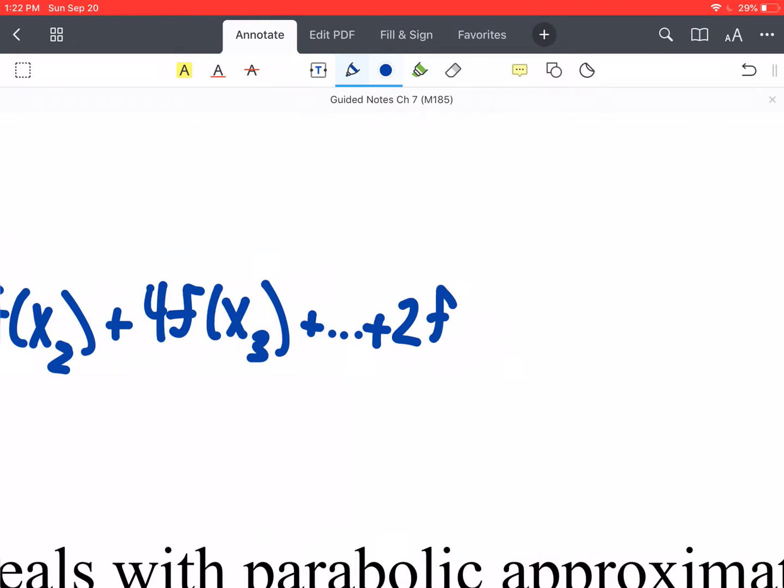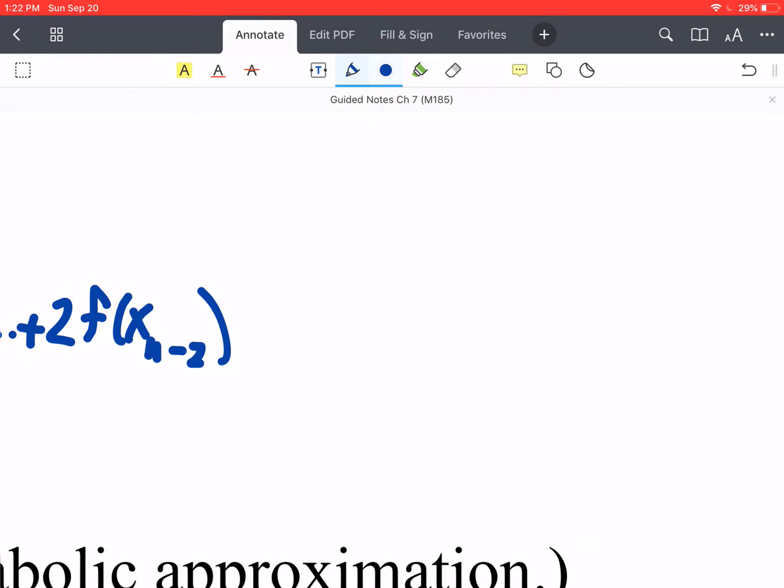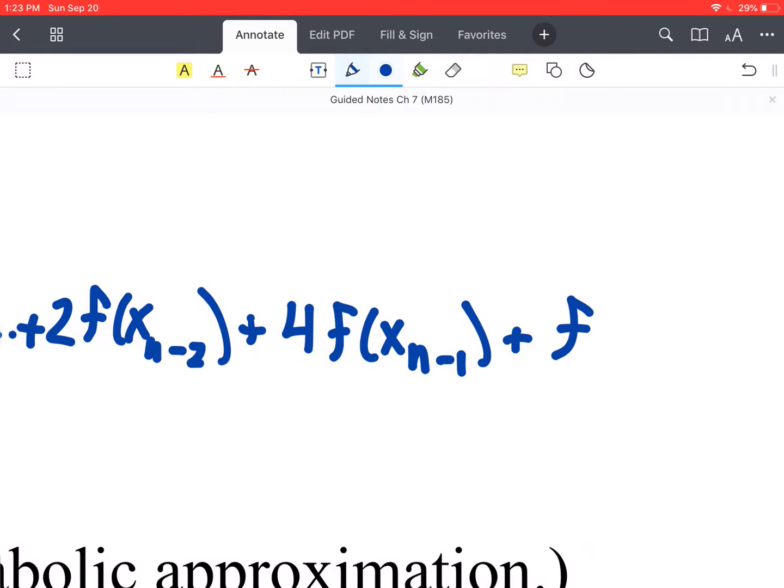So we get plus 2 f of x sub n minus 2 plus 4 f of x sub n minus 1 plus just a single term of f of x sub n.